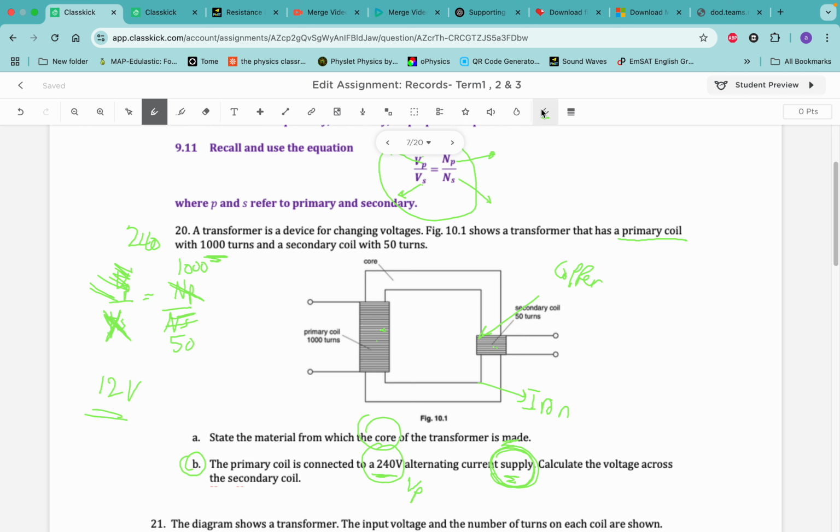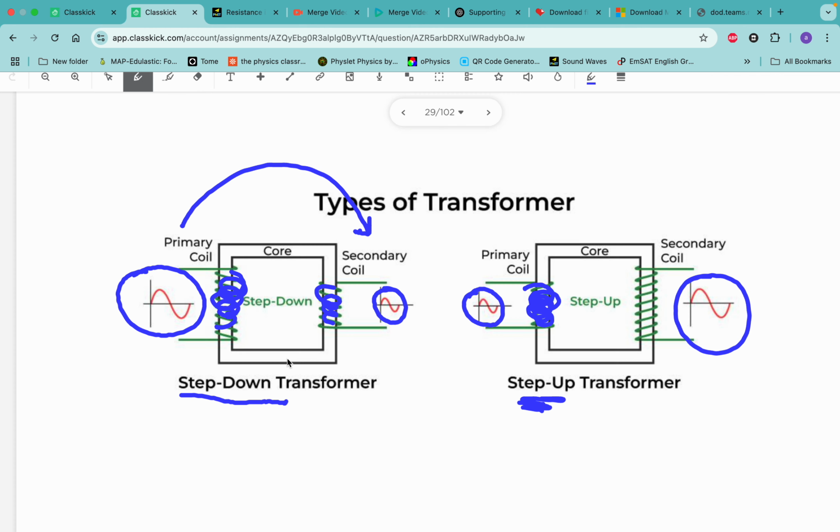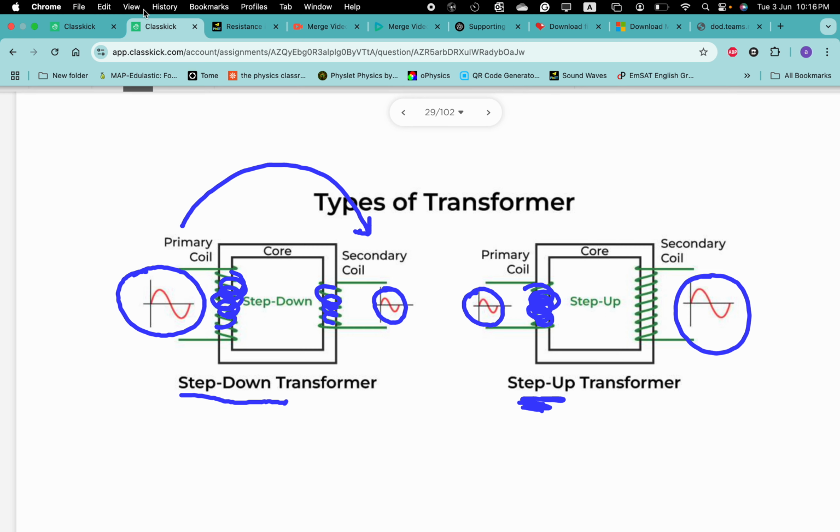So as I used to tell you, you have to predict your answer, or double check that you're following the correct steps. You need to compare. First of all, as we can see, the primary coils are more than the secondary, so this is considered step down.